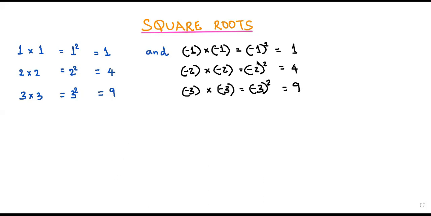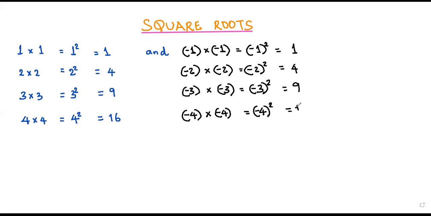Okay, let's get another one. If we have 4 times 4, we will get 4 squared. And 4 squared is the same as 16. 4 times 4 is the same as 16. When we have negative 4 times negative 4, we will get negative 4 squared.